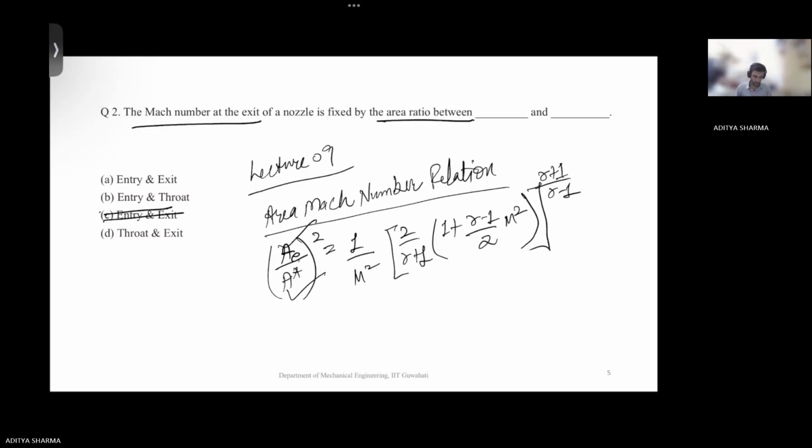Now this is the Mach number at the exit. Because at the throat for your supersonic nozzle flow, you're going to have Mach 1, and this Mach is for your cross section where you want to get the Mach. So the area ratio then becomes throat and exit. Option D comes out. I hope this is clear. Question number 2.